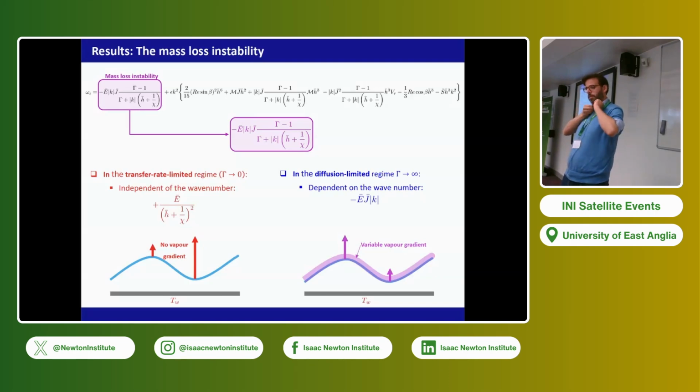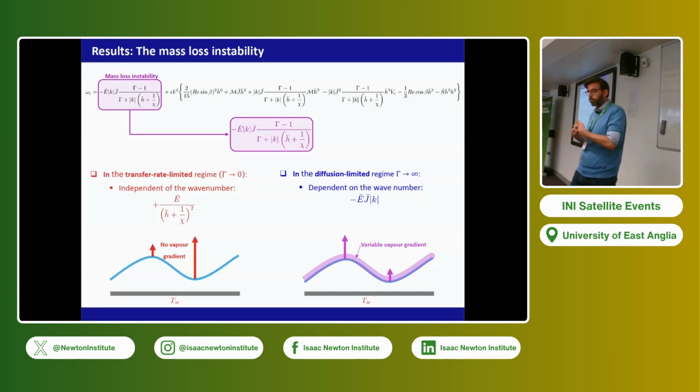Try again. Okay. So in the transfer rate limited regime, when gamma goes to 0, this term becomes independent of the wave number, since we don't have any vapor gradient. And so the evaporation rate doesn't depend on the shape at all; it depends just on the position from the wall. While in the second regime, the diffusion limited regime, it depends on the wave number.